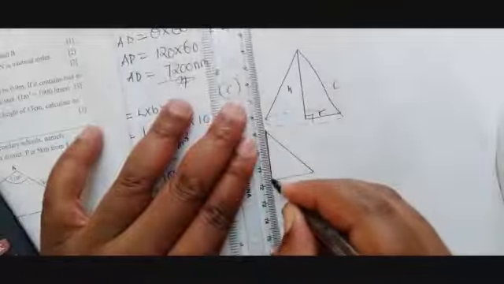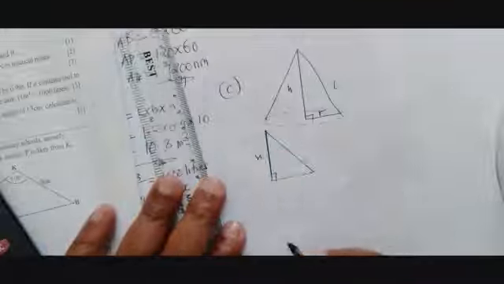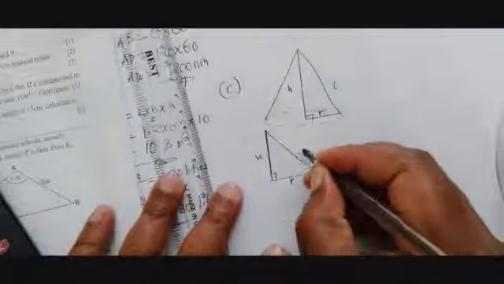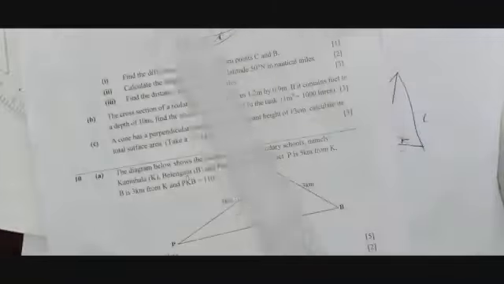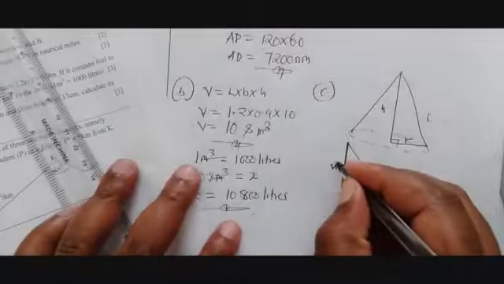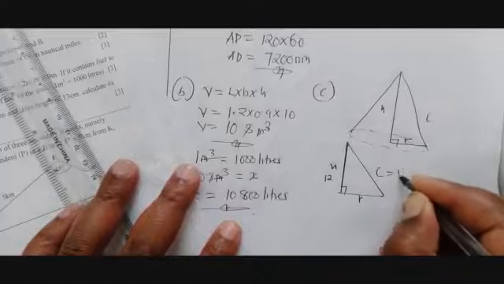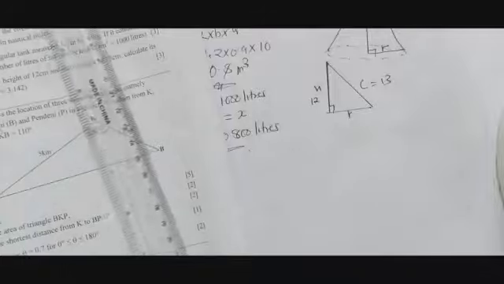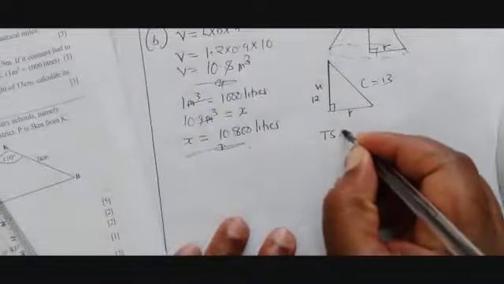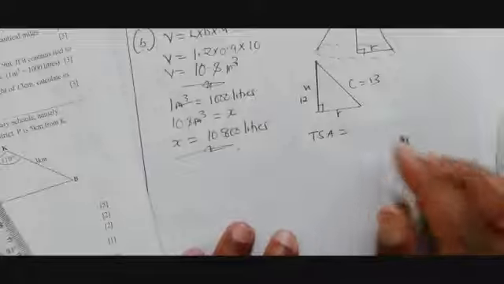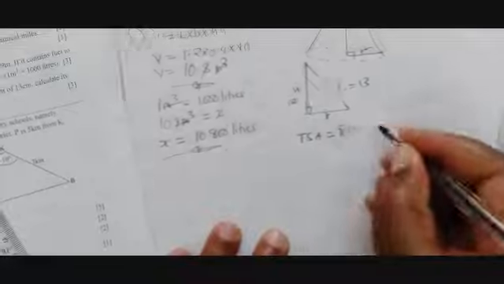Okay, so this is our perpendicular height, the radius, and the slant height. We've been told that the perpendicular height is 12, slant height is 13. So this is the 12 and this is the 13. Okay? Now what's the question? Total surface area of a cone. The total surface area of a cone is given by pi r, open bracket, r plus what?